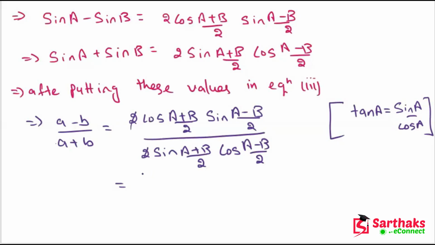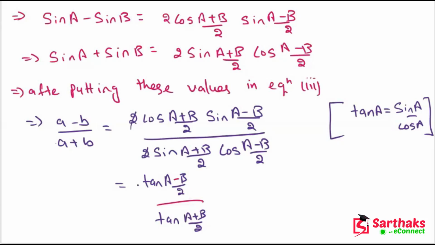So we get, wait, this is not plus, because sin upon cos, this is a sin upon cos, so it will get minus (A minus B) upon 2, upon, and this is cos upon sin, then the tan will become in the denominator, and this will become tan (A plus B) upon 2.